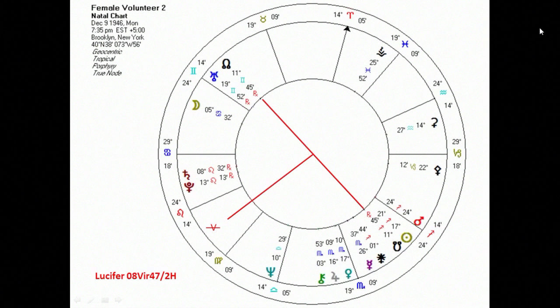And so, volunteer number 2, I am not familiar with your chart. I haven't looked at it before. Give me just briefly, married, divorce, kids, job. Give me just a little bit of information on you if you don't mind.